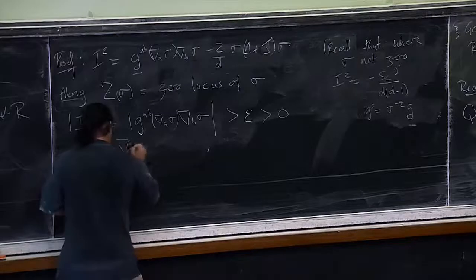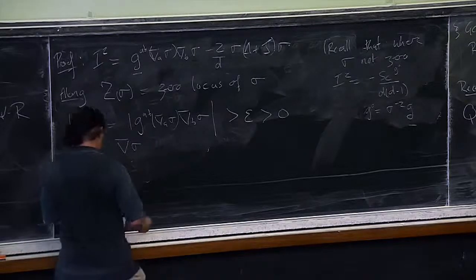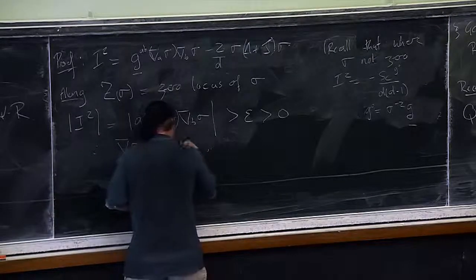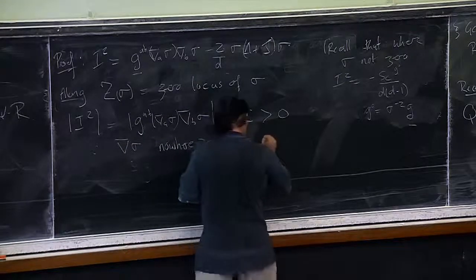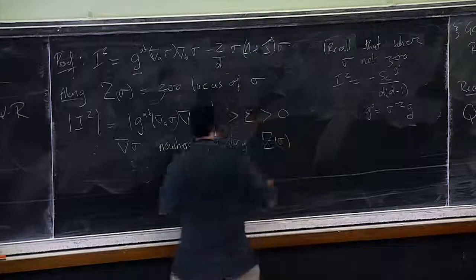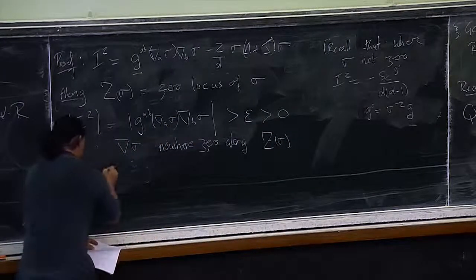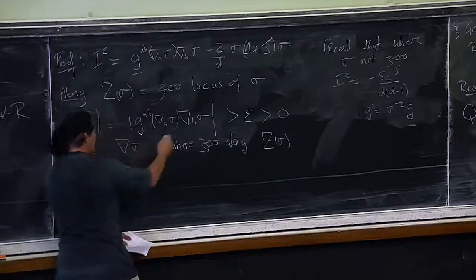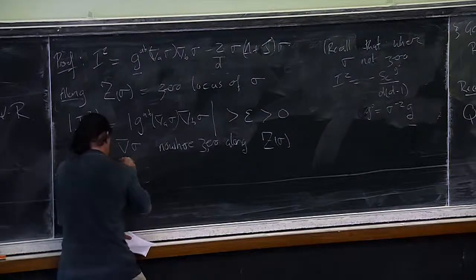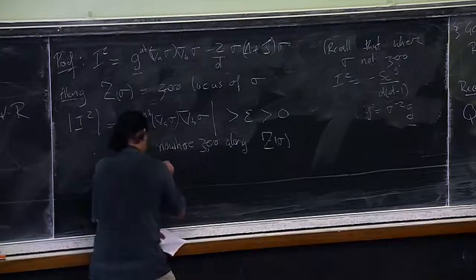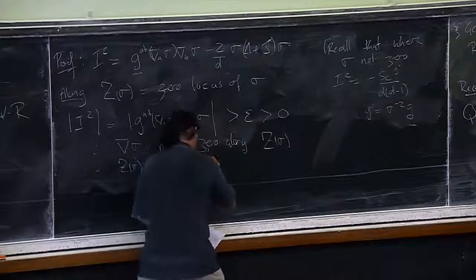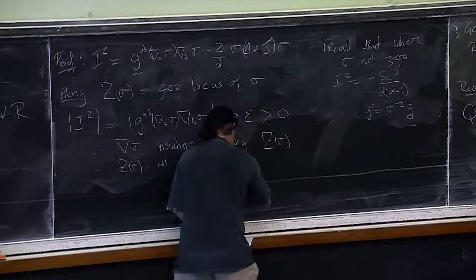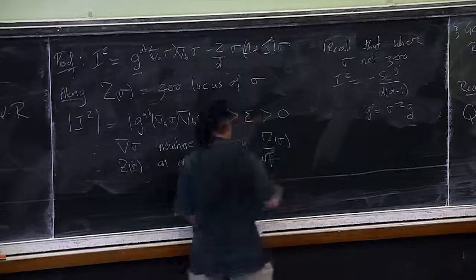Therefore, the grad of sigma is nowhere 0 along Z sigma. Therefore, if the set is not empty, then Z sigma is a smooth embedded hypersurface, just by the inverse function theorem.